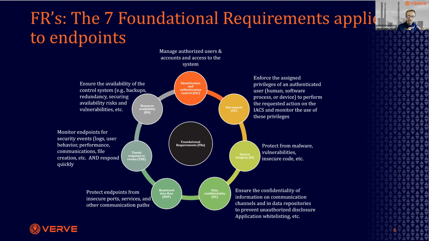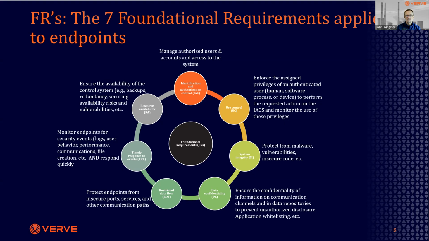Then restricted data flow, so protecting endpoints from communications that shouldn't exist, ports that shouldn't be opened, et cetera. Then being able to respond to events, monitoring those endpoints for logs, user behavior, performance metrics, and then being able to quickly respond to any events.